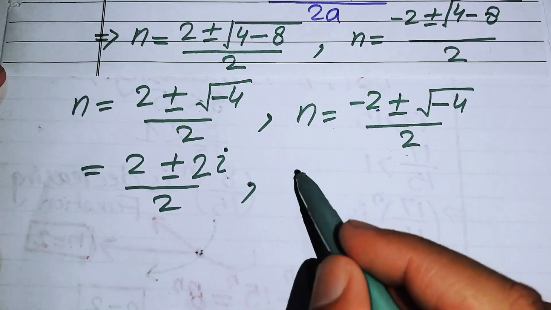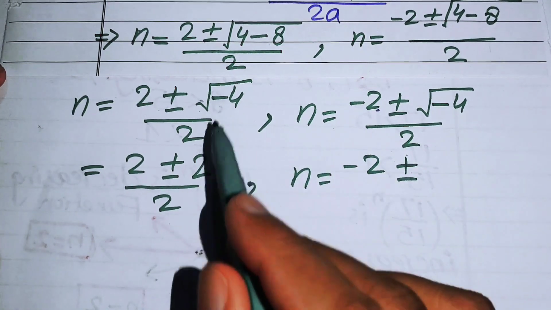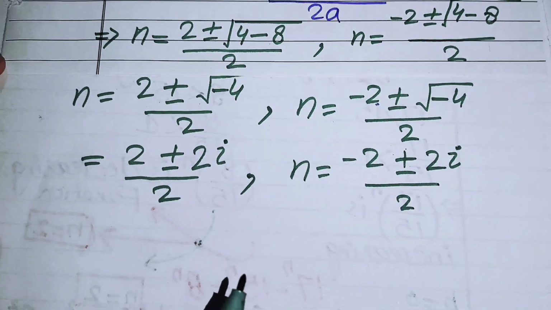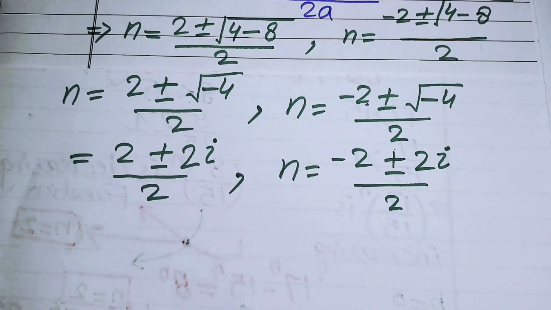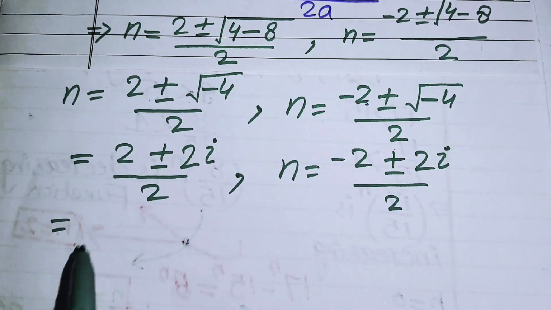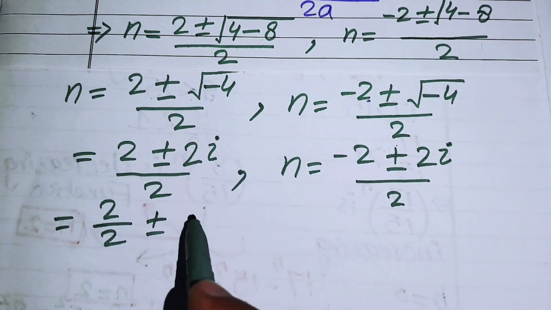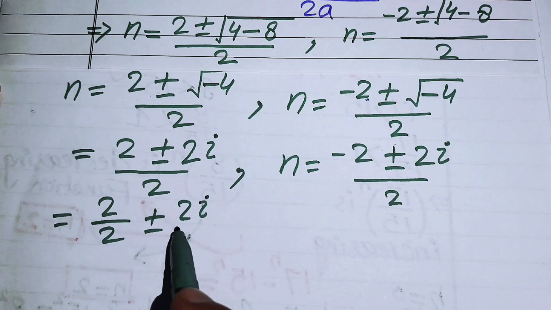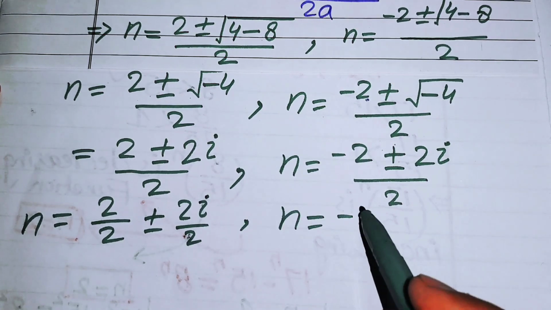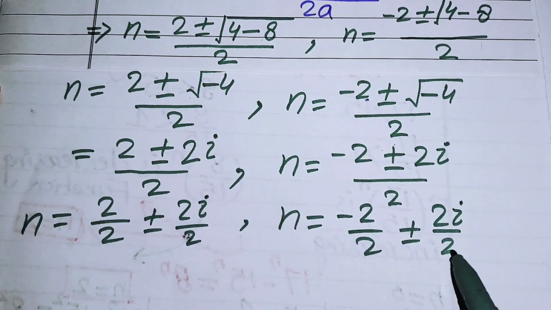Similarly here you have minus 2 plus minus 2 iota over 2. In the next step we can separate both fractions, and you write 2 over 2 plus minus 2 iota over 2. Similarly here you have n equals minus 2 over 2 plus minus 2 iota over 2.